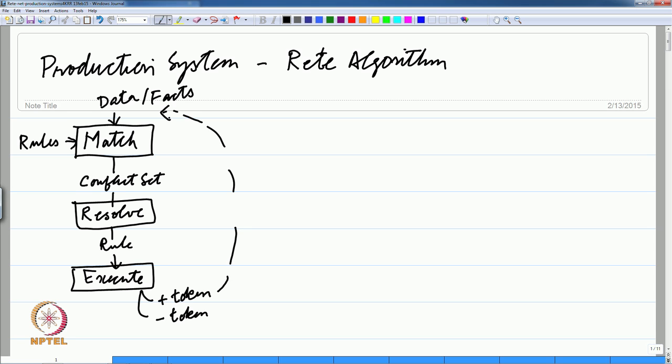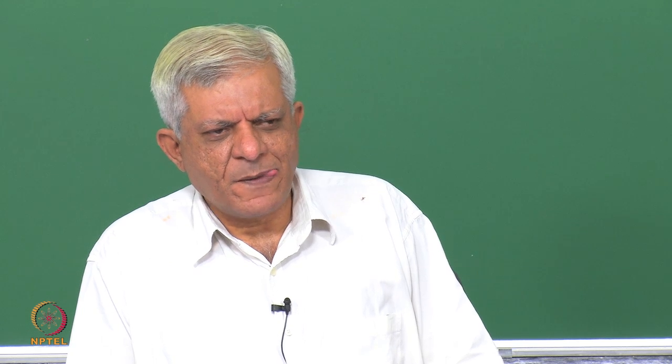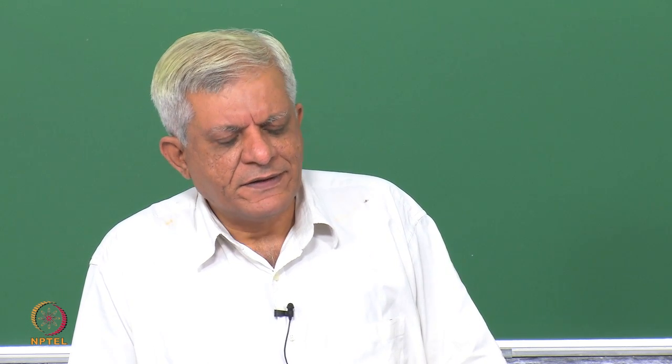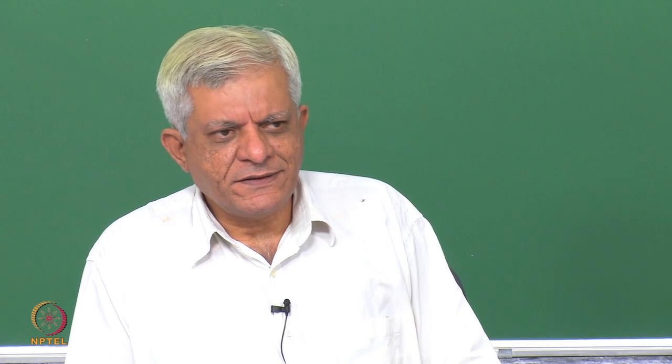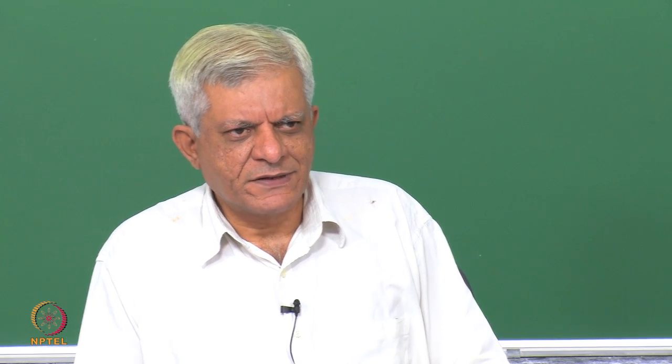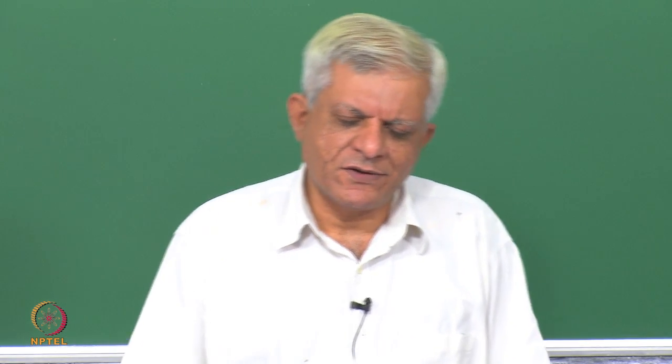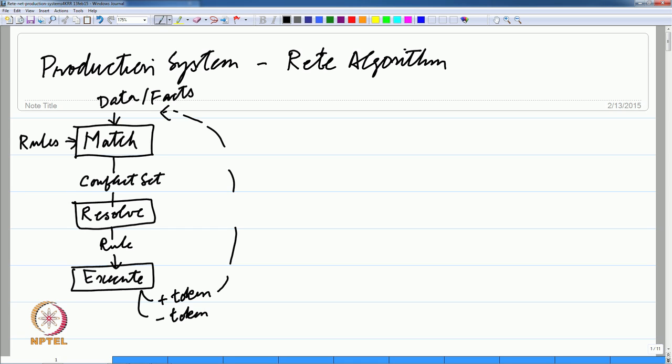The basic idea of a Rete network was that instead of doing this match all the time, which we saw was expensive, we want to do it once in the start, and after that any changes in the working memory or changes in the knowledge base, we want to see what changes are induced in the conflict set essentially.